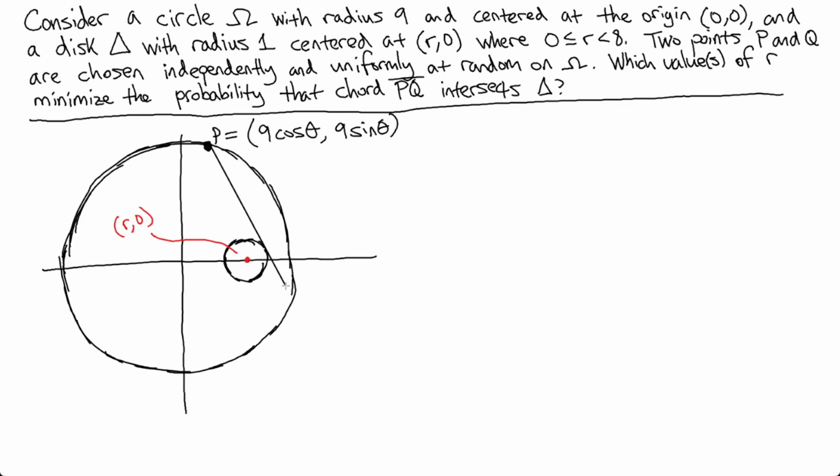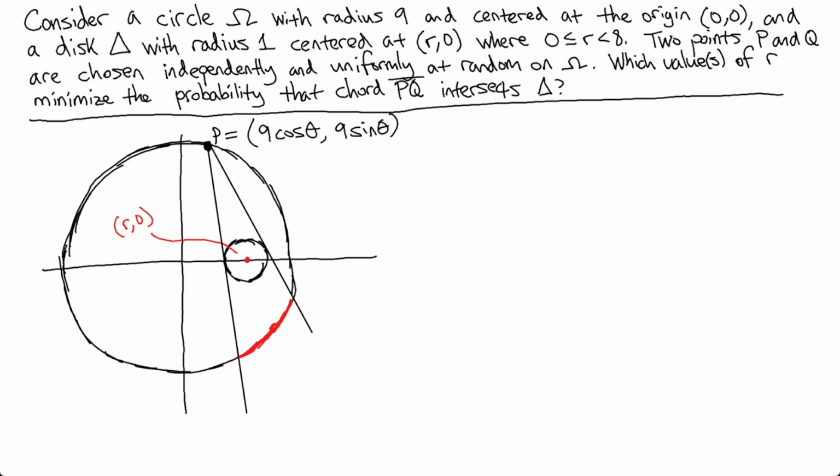If we draw tangent lines from P to the disk and look at where those tangent lines intersect the circle, we can clearly see that this red arc between those 2 points on the circle are precisely the points where if Q is one of them, the chord will intersect the disk, and if Q is not one of those points, then the chord will not intersect the disk.